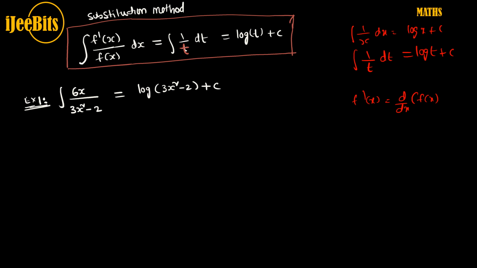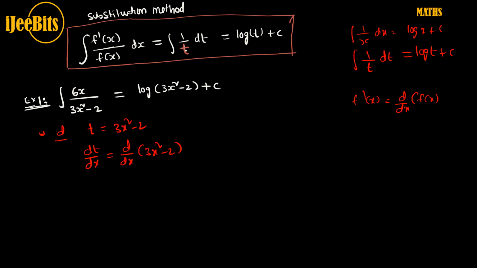So let's take this example. This is f of x in the denominator, and then you can differentiate it. If you say t equals 3x square minus 2, then apply dt by dx, which means differentiating 3x square minus 2.